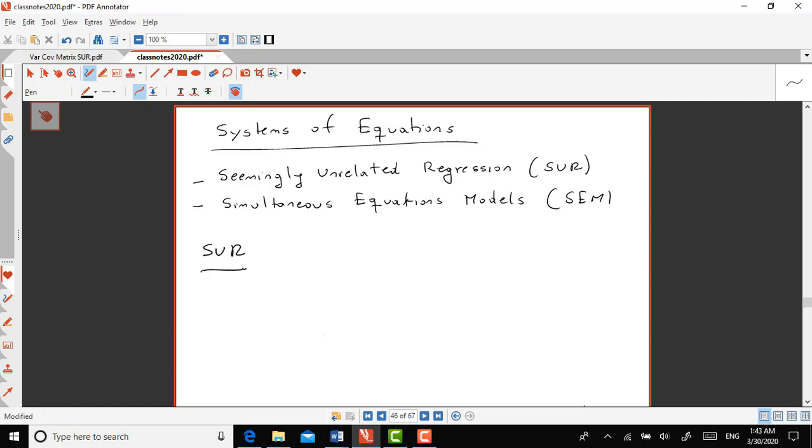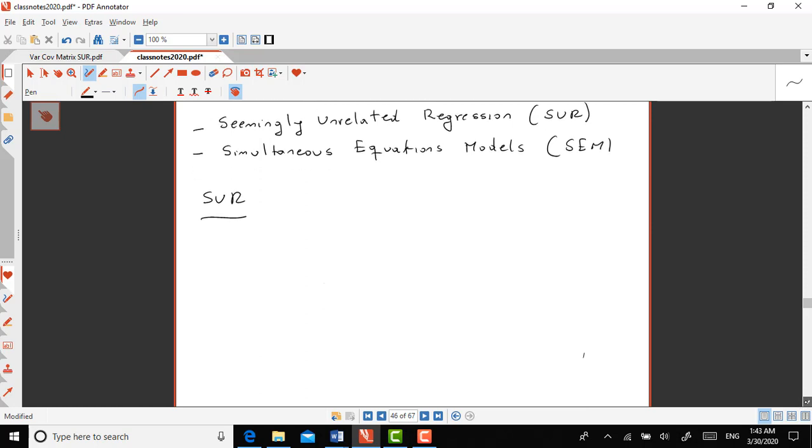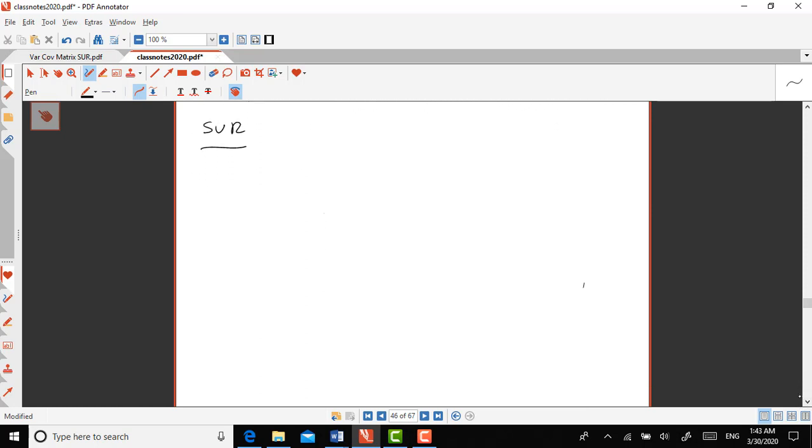Now, relative to what we've been talking about so far in class, when we're talking about seemingly unrelated regression or simultaneous equation model, for that matter, instead of having one equation, we now have multiple equations.